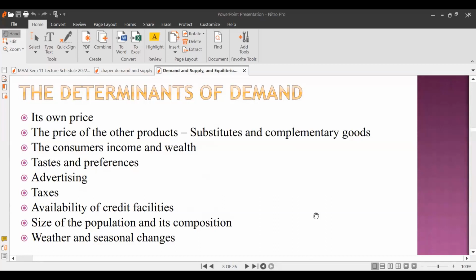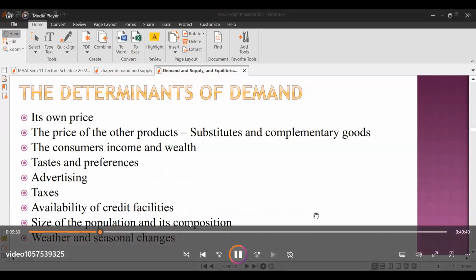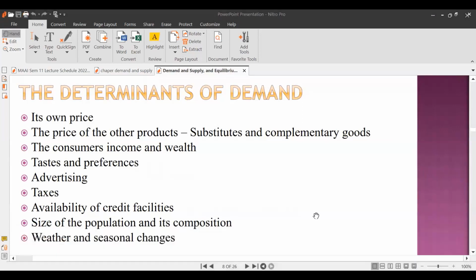Maybe mainly the price of that particular frock, right? Before purchasing a good or service, what is the main factor we consider? Mainly we consider the price of the product, right? That is its own price.